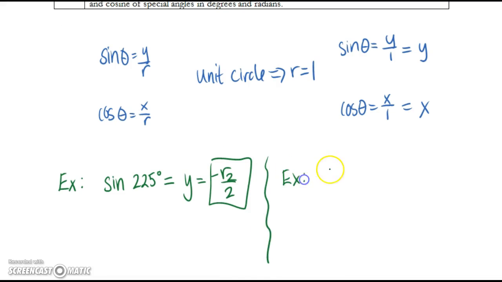So let's do another one. Let's find the cosine of 5 pi over 6. Keep in mind that the input here are angle measures, and they can be in degrees or in radians, but the output is a ratio, and it's just the x coordinate or the y coordinate. So we're going to find 5 pi over 6, and since we're finding the cosine, now we're finding the x coordinate of 5 pi over 6.